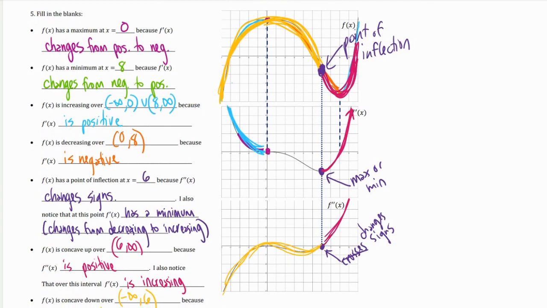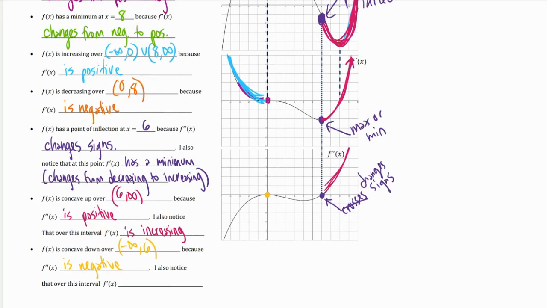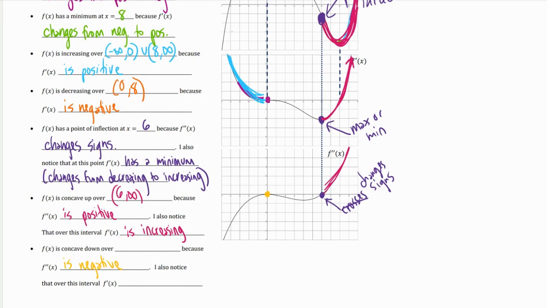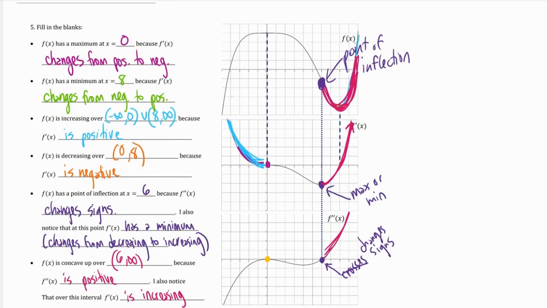All right, now I just ignored something, and that's the fact that f double prime is actually not negative. F double prime is actually equal to 0. So I'm going to have to amend my answer. F of x is concave down from negative infinity until 0 and from 0 to 6.